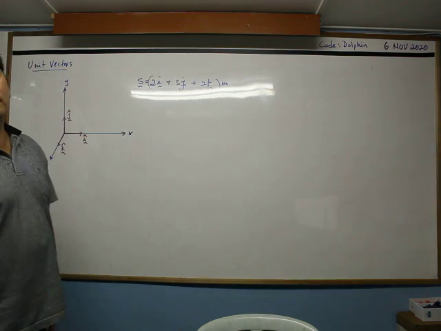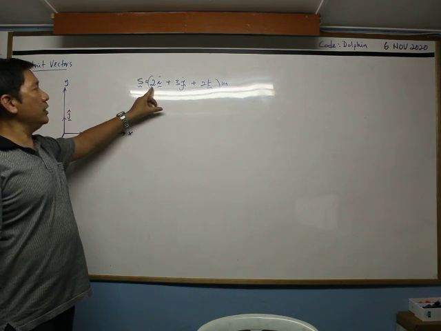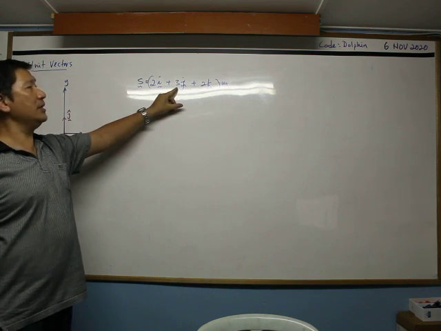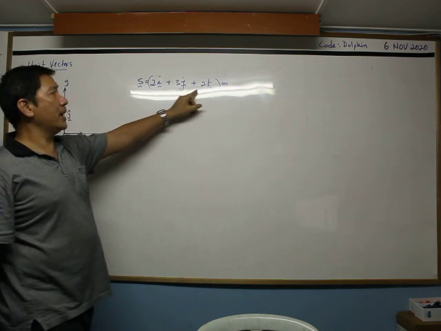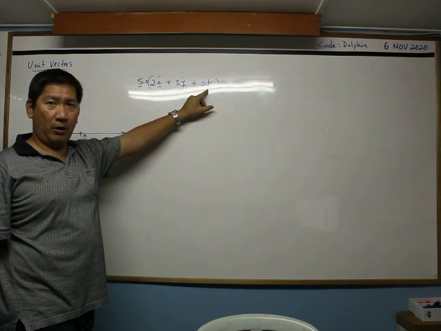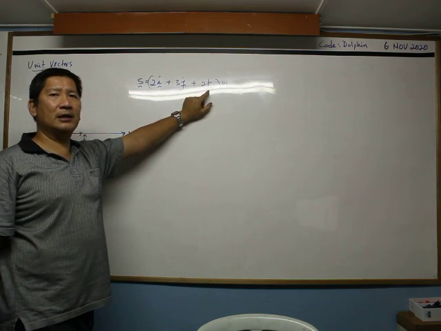Now what does that value mean? That means the displacement is 2 units in the x direction, followed by 3 units in the y direction, and followed by 2 units in the k direction, or the z direction, because i, j, k represent x, y, z.